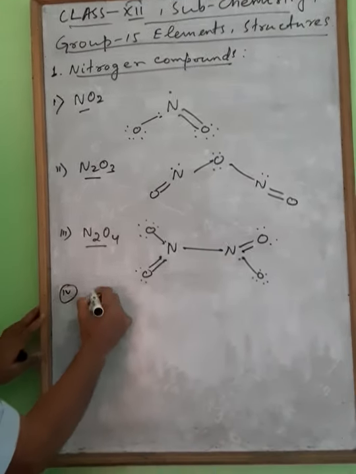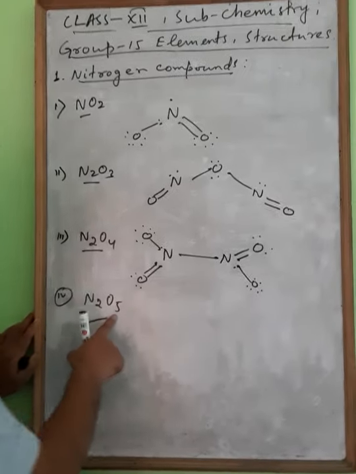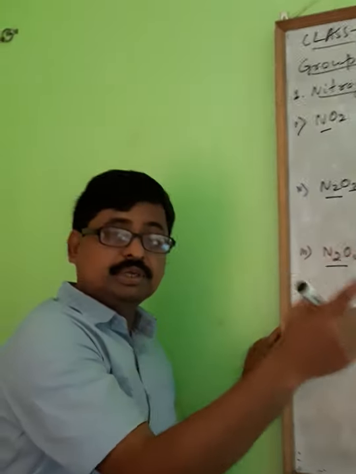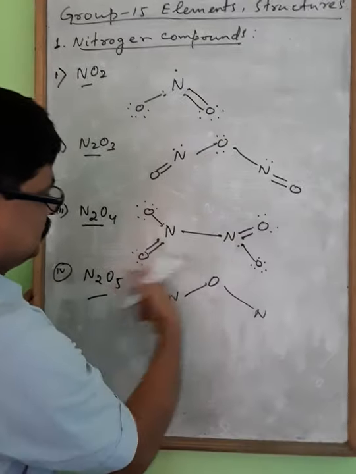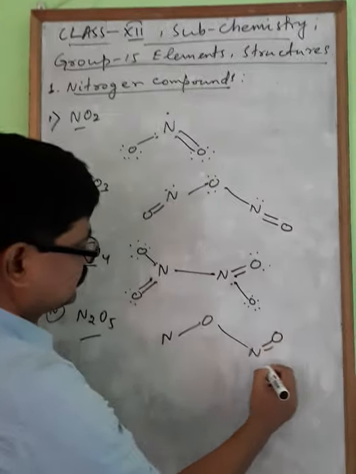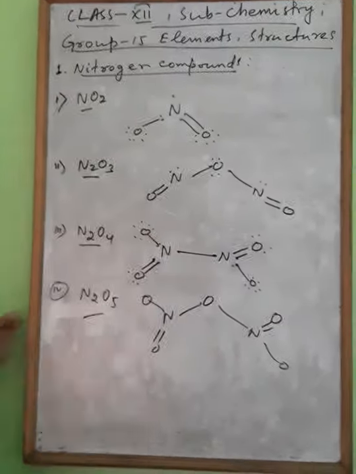Now come to N2O5. Here an odd number of oxygens. Put one oxygen in the middle of 2 nitrogens. How? N O N. And put the other oxygens on the sides. So this one is very simple.